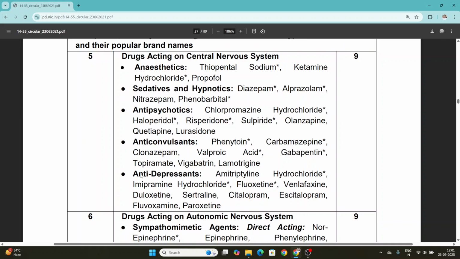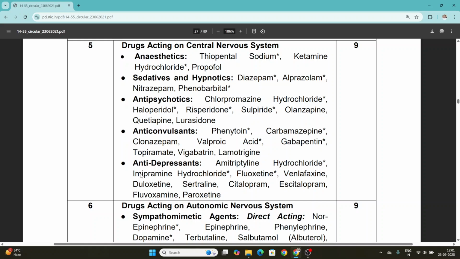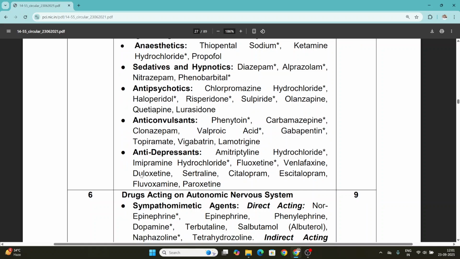Now anticonvulsants: phenytoin, carbamazepine, clonazepam, valproic acid, gabapentin, topiramate, vigabatrin, lamotrigine.